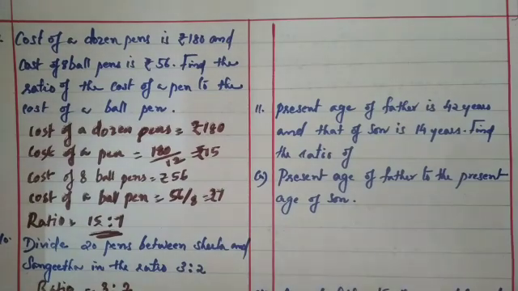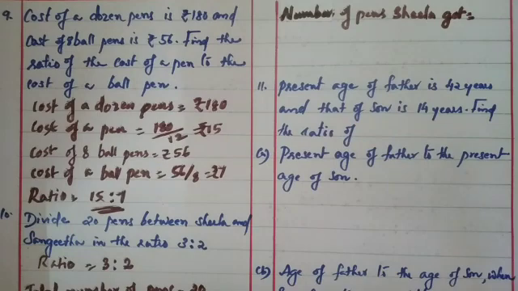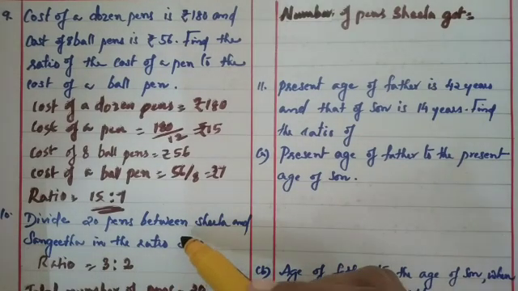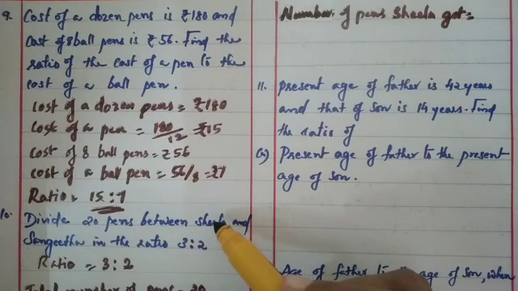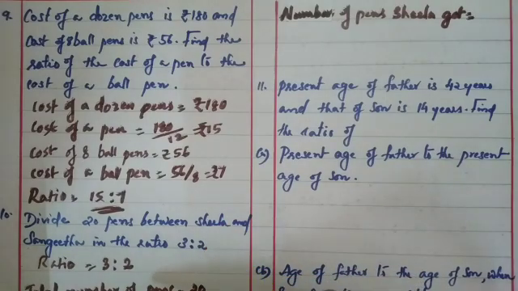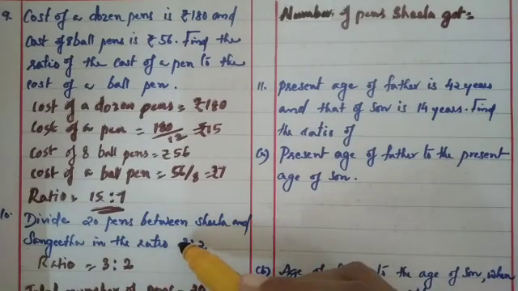You have to find out the number of pence Sheila got and the number of pence Sangeeta got. Here 3 is to 2 is the ratio. The first part, 3, represents Sheila and 2 represents Sangeeta. Then how do you write the fraction?